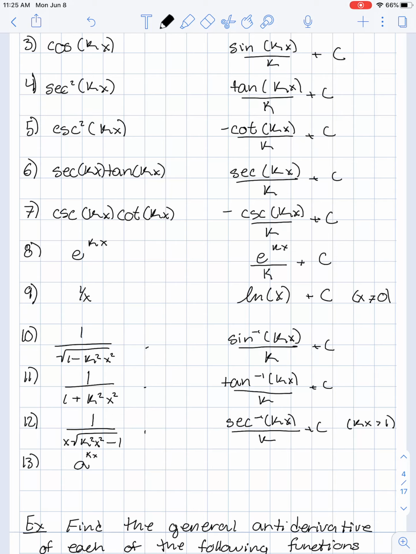So those are all of our arc ones, and then if there's a negative in front of it, that'll give me arc cosine, arc cotangent, and arc cosecant, excuse me, that we saw earlier with the same derivatives.